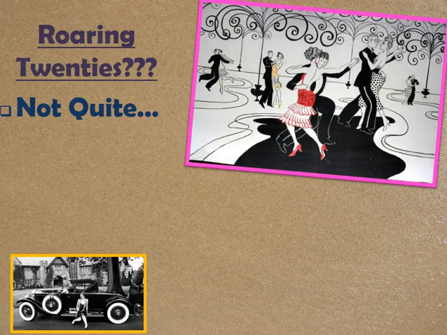A lot of times we get this nickname, the Roaring Twenties, and we think that everything is going grand in the 1920s. We think of the extravagance of the 1920s, but it's not that way for everybody, especially towards the end of the 1920s.